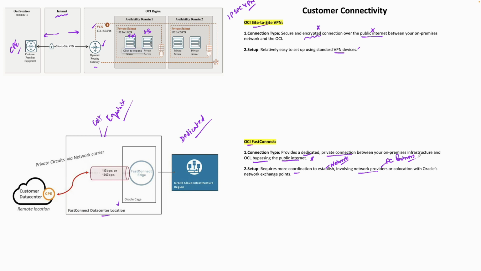You need to work with your FastConnect partners so that you can have a co-location within Oracle's network exchange points, as we have shown here. Just to quickly compare, setup-wise, it's pretty simple for an IPsec VPN or site-to-site VPN, but it's generally more complex and more time consuming with the FastConnect approach.